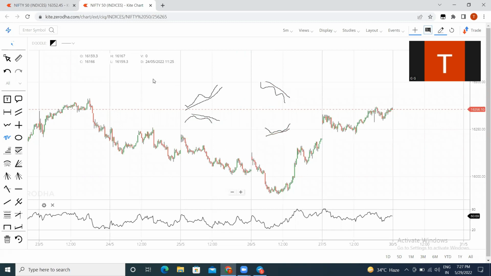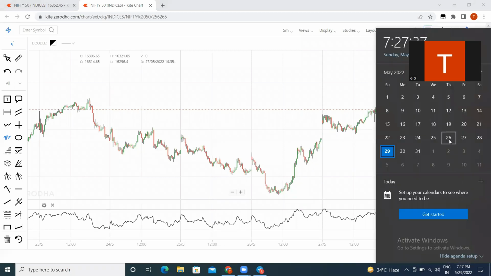Now, how do I use this on certain days to mark levels which I think are safe to sell? Let me just delete everything. Basically, I look for divergence on this RSI, and I'll give you the last expiry example. Last expiry was 26th.